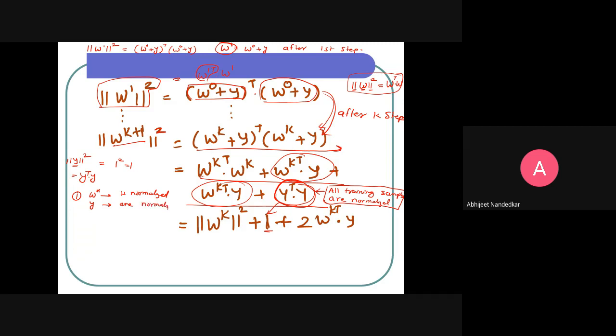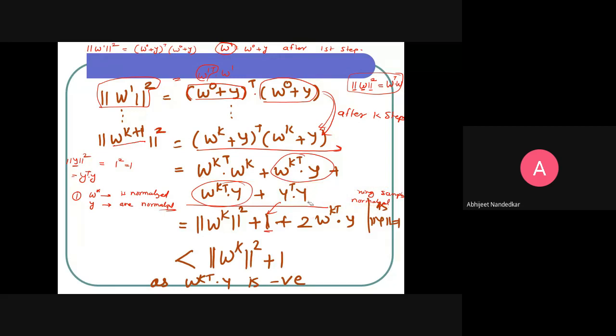So all the training samples are normalized. Now I am skipping, this is an important step in this derivation. Many students do not understand how this is happening.